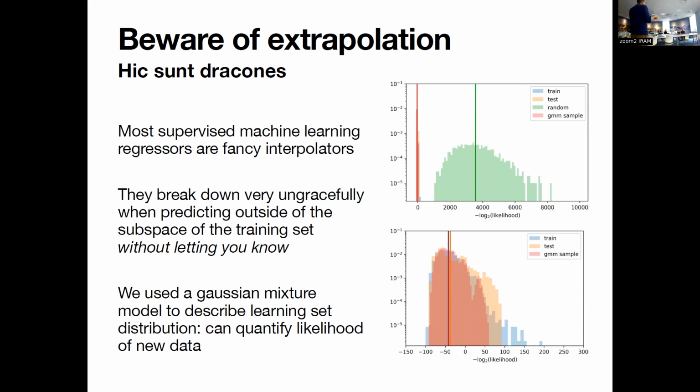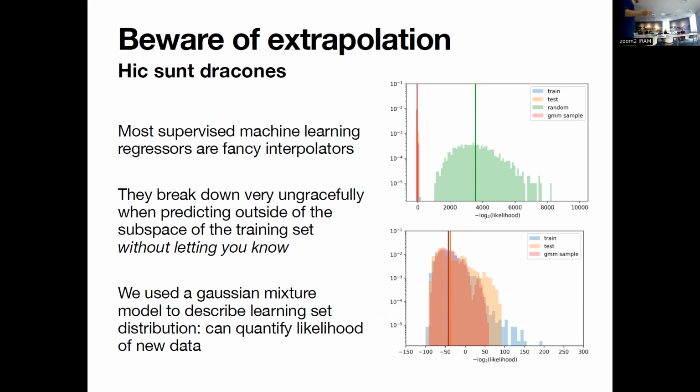And the subspace of the training set is not a hyper rectangle. The data itself lives in a subspace that you cannot reach. We know, for example, that in the interstellar medium there are no places that are both diffuse and cold. The diffuse part is hot. Even if you try to make it predict in that region, it will say something without letting you know that it's completely wrong.